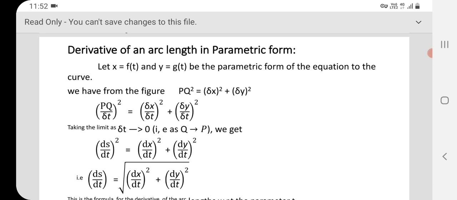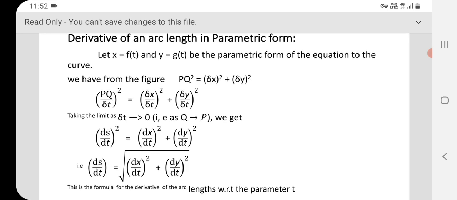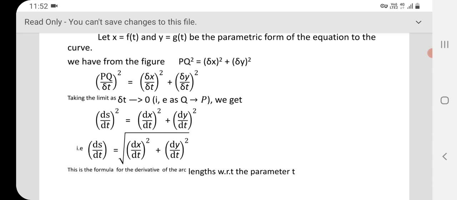Now you may get this one, and taking the limit delta t goes to 0, that is as Q goes to P, the left hand side becomes (ds by dt) whole square and the right hand side becomes (dx by dt) whole square plus (dy by dt) whole square.